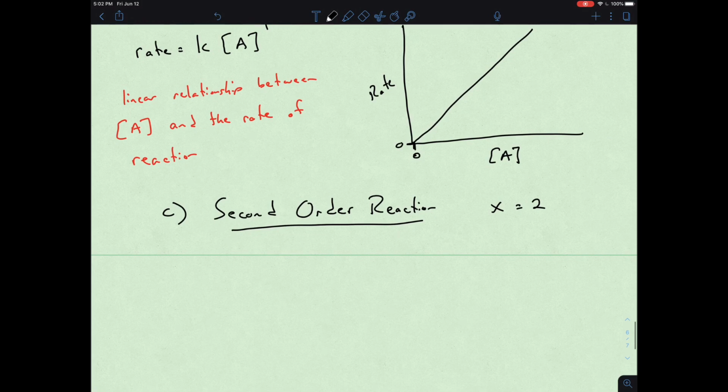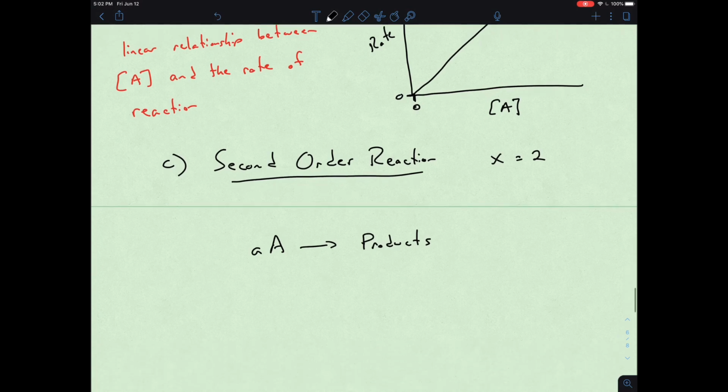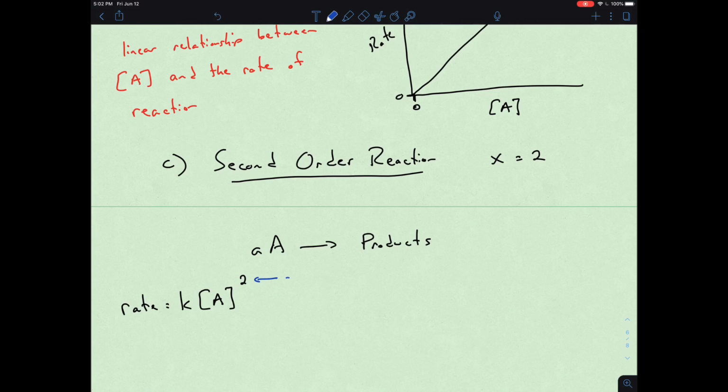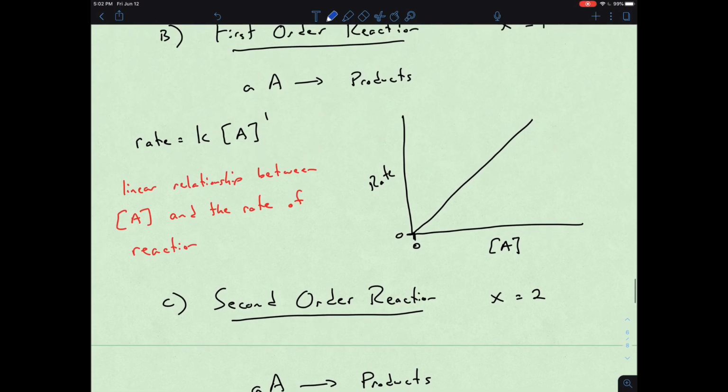And we can do the same analogy that we have A going to our products, and now our rate is equal to little k times the concentration of A to the second power, or squared. So there is our second order.